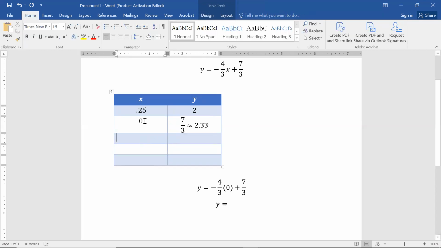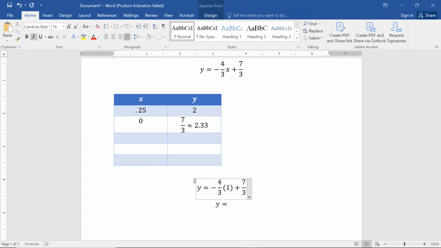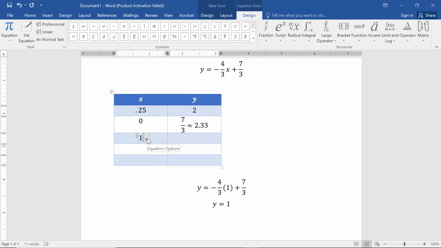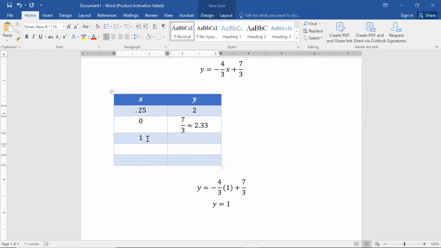So that's a point, 0, 2.33 roughly. Let's plug in a 1. Negative 4/3 times 1 plus 7/3 gives me a y value of 1. So when I plug in a 1 for x, I get a y value of 1.